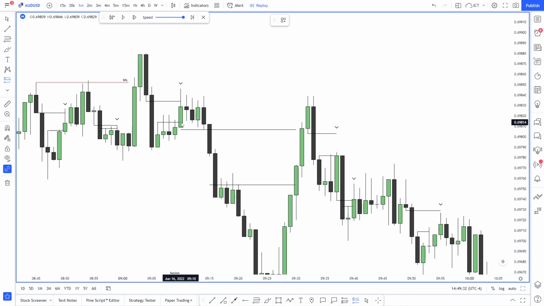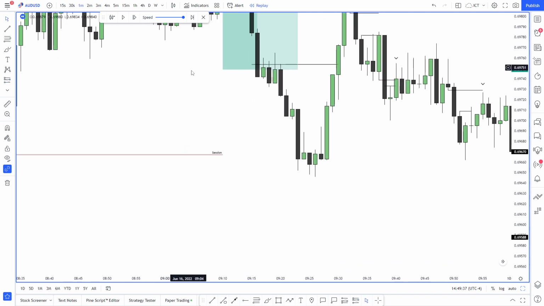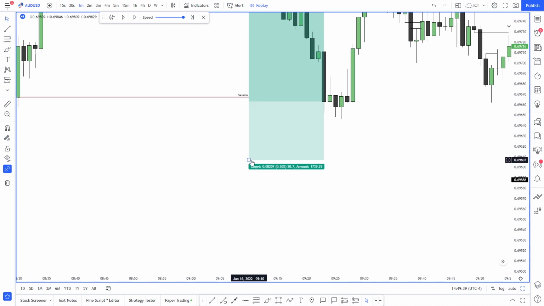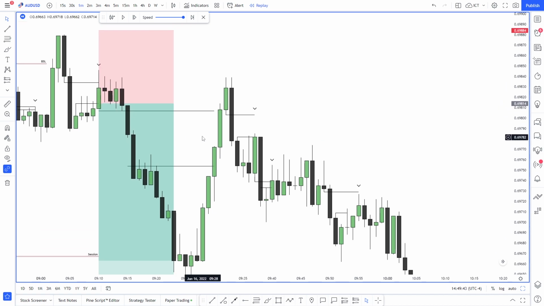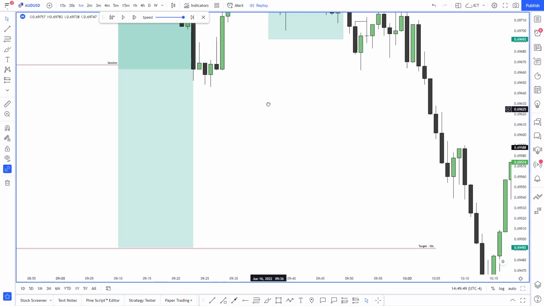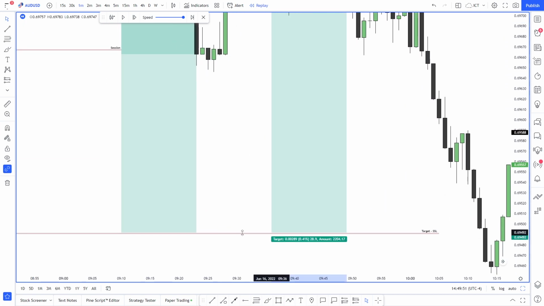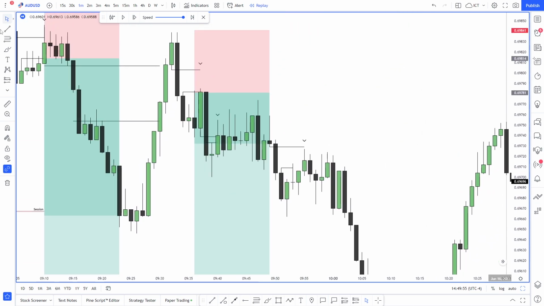Let's use this tool, just this once. So we set 4.6 on this one, approximately 4.6. Then we get this one, trigger there, stop loss up here, target all the way down here, 4.8.